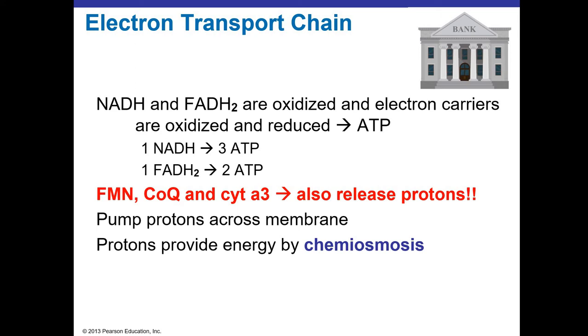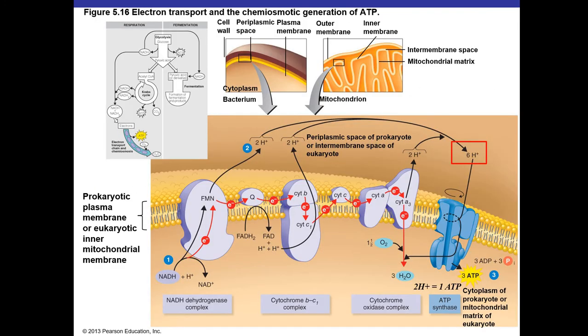So FMN, coenzyme Q, and cytochrome A3 are also going to release protons. Those hydrogens, those protons, are going to want to come back across the membrane, and as they do so by chemiosmosis, we're going to harvest the energy and turn it into ATP.